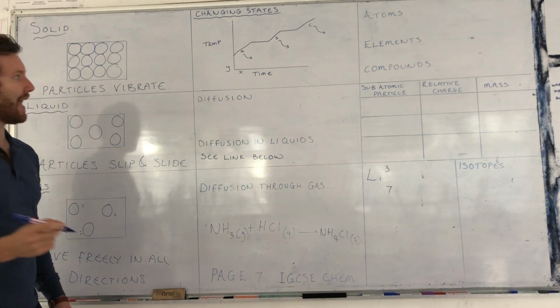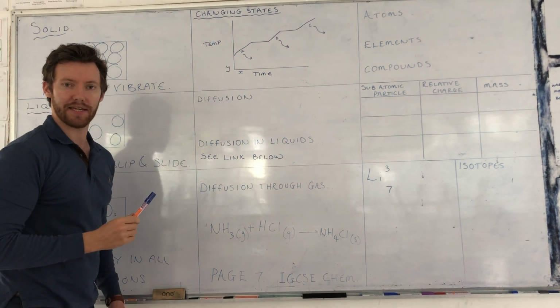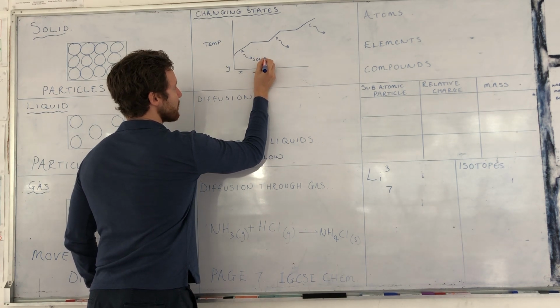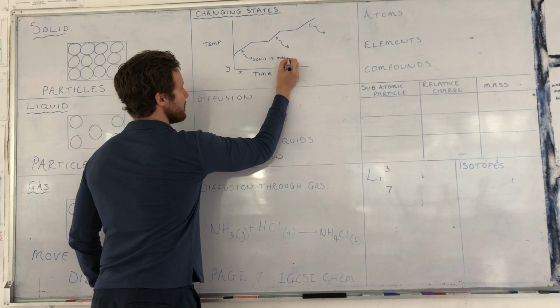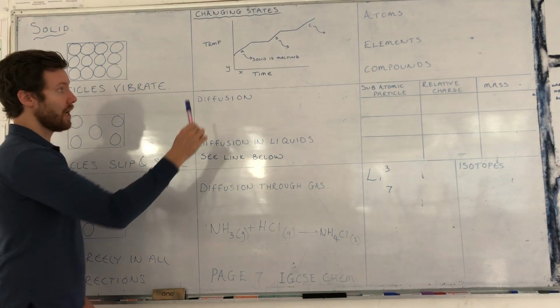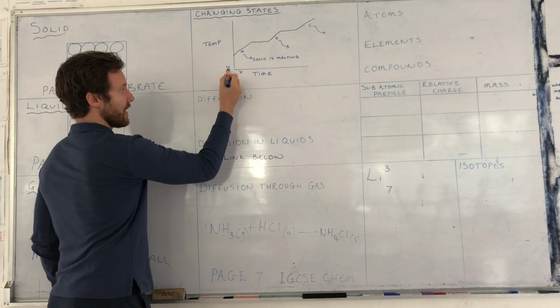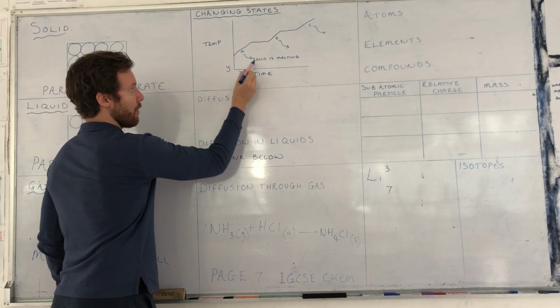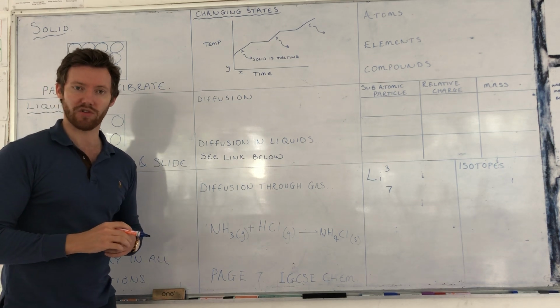So at point A, we want to be able to identify on our changing states graph that our solid is melting. Key term there. We can see here, as time is increasing, temperature is increasing, our solid is melting. An increase in temperature, solid is melting.